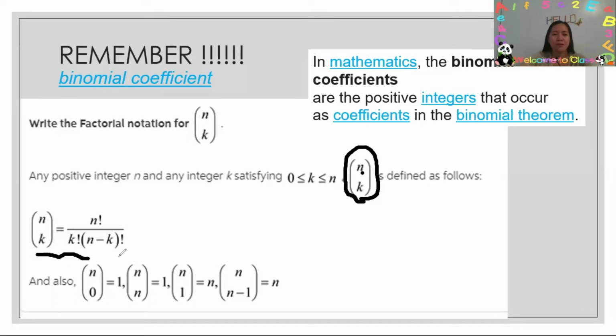Always remember this formula: n factorial all over k factorial multiplied by n minus k factorial. So, to prove our identity, we need this formula.